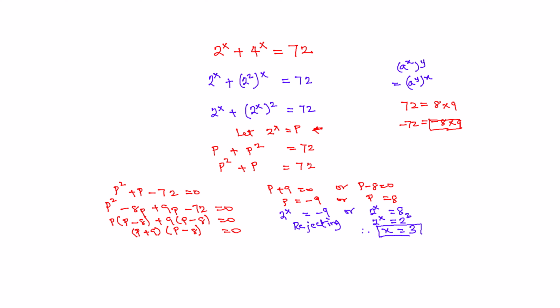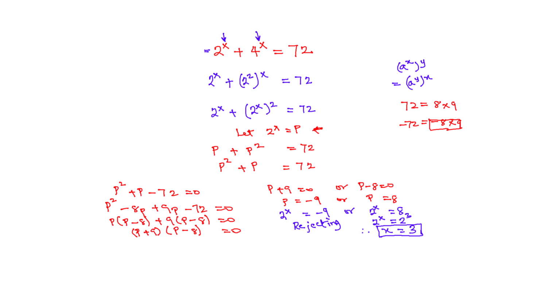So 2 raised to power x plus 4 raised to power x equals 72. When you substitute 3 into these values here, you should get your 72.